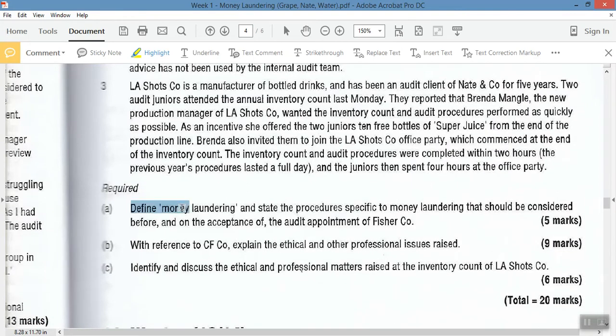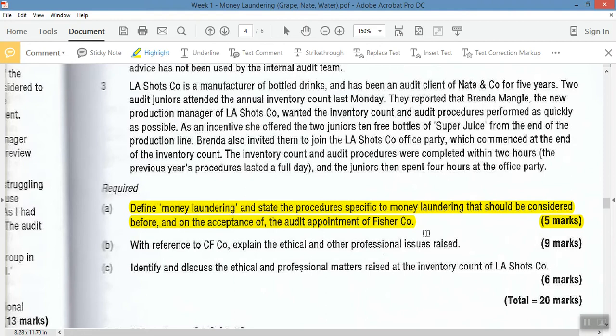Okay, so here, part A. Define money laundering and state the procedure specific to money laundering that should be considered before and on acceptance of the appointment of Nate and Co. Okay, class, for your information, for my tutorial, I will use past year questions. And in a past year question, there's a mixture of different topics. That's why I have to look one by one and scan and look for the relevant question for you guys. It's not easy.